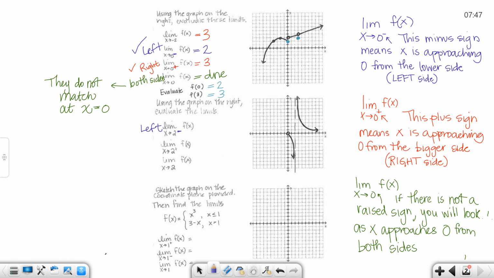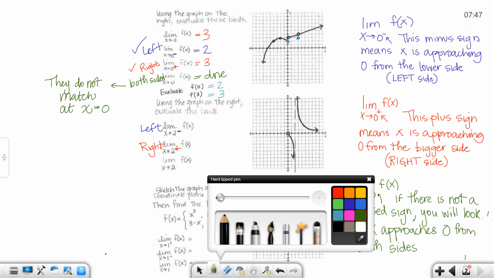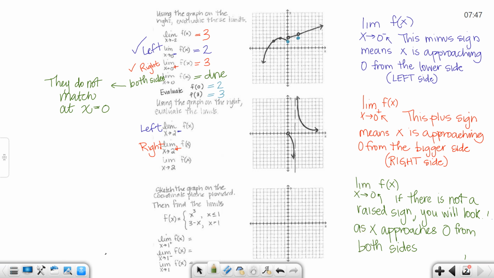Now I want to make sure you see that's a positive 2, but the little minus doesn't change the value of the 2, it just tells you which side of 2 you're on. So this minus means I'm on the left side of 2. The next one is a plus. That means I'm going to be on the right side of 2. And then again, right here we'll be looking at both sides of 2 and what happens.